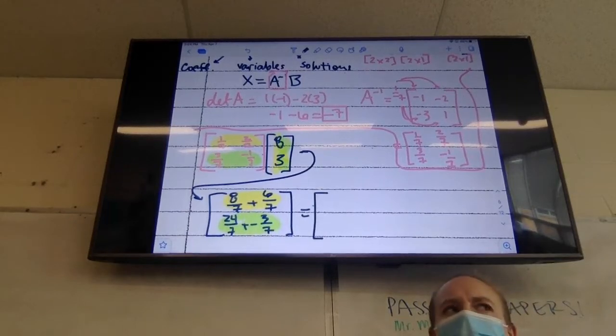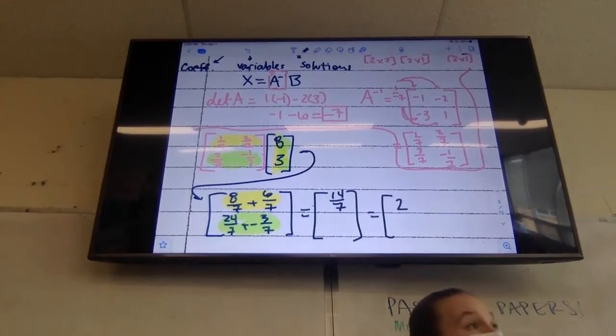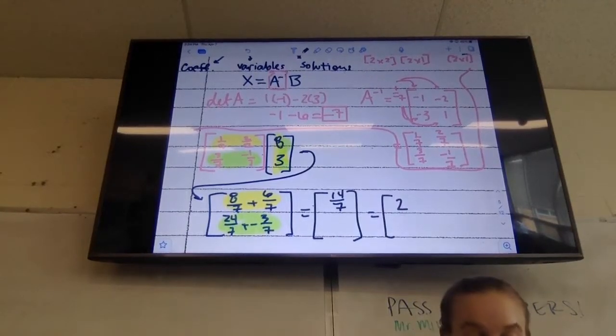All right, what's 8 over 7 plus 6 over 7? 2. If that's a little too much for you, especially at the end of the day, I know that's the same thing as 14 over 7, and 14 divided by 7 is 2. What about 24 over 7 plus -3 over 7? 3. It's going to be 21 over 7, which is 3.